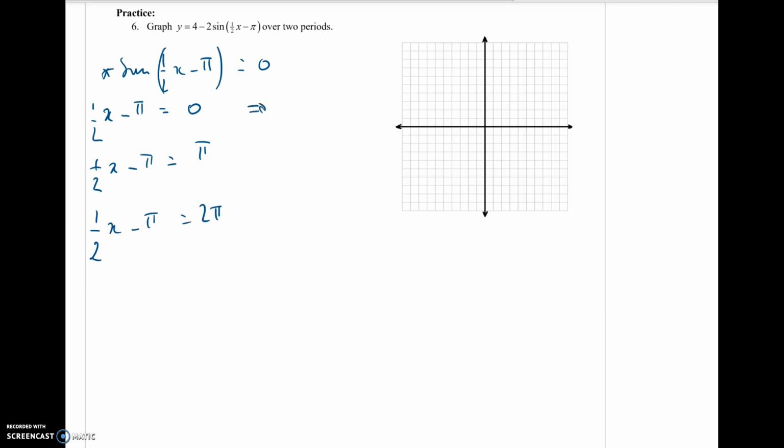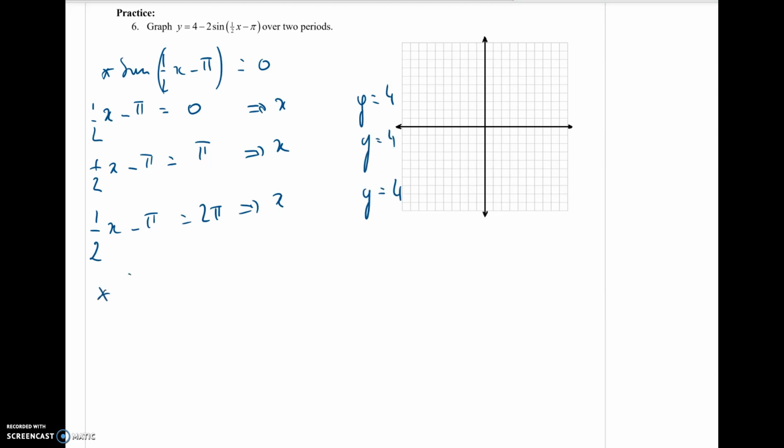For each of these, express the value of x, and then for this value of x, when my sinus is equal to 0, you know that you will have y equal 4, because 4 minus 2 times 0 equals 4. Every time right here, you are going to have y equal 4.